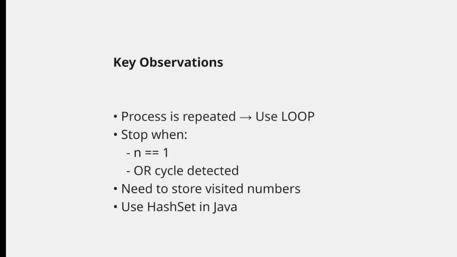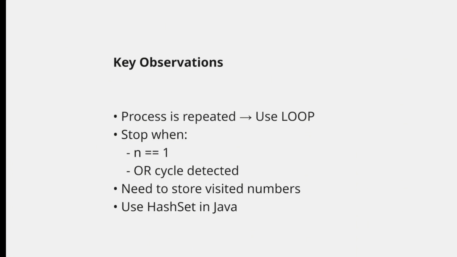So now let's build our thinking. And this is my favorite part, because this is what separates someone who just memorized code from someone who actually understands programming. Let's identify what we need to repeatedly do. Just look at the problem. We are repeatedly taking a number, squaring each digit and summing them, right?